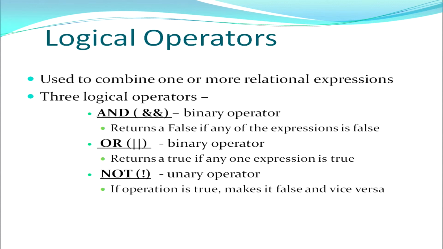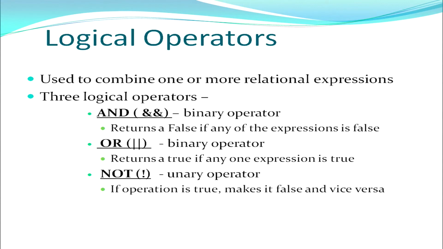We have three logical operators, the AND operator, the OR operator and the NOT operator. AND and OR are binary operators, whereas NOT is a unary operator, it requires only one operand. AND operator will return you a false if any one of the expressions is false. Say for example, I am comparing A, B and C and the result is true if A is greater than B and A is greater than C. If both are true, only then it will return a true.